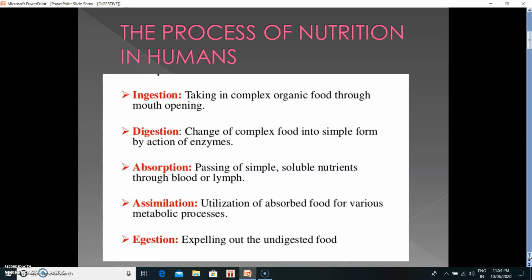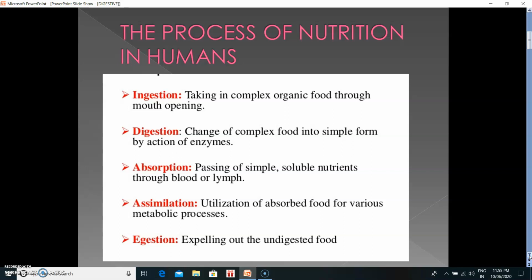In this, the digested food, once absorbed, provides energy for the growth and repair of tissues. In the absorption stage, the nutritive value was absorbed. Now, in the assimilation stage, those absorbed foods provide energy for doing the processes.